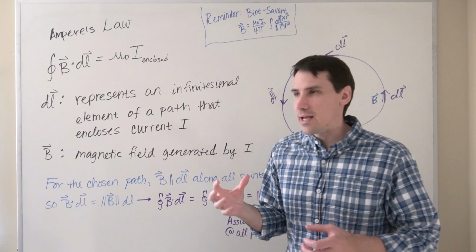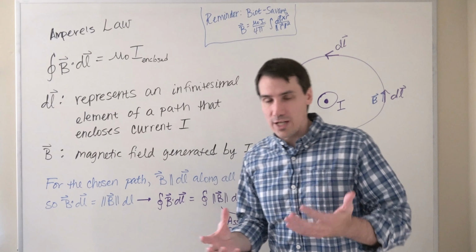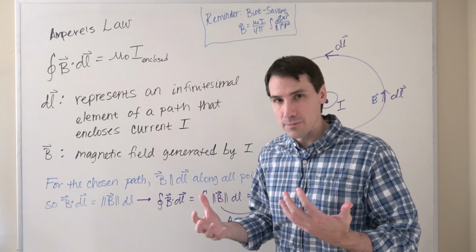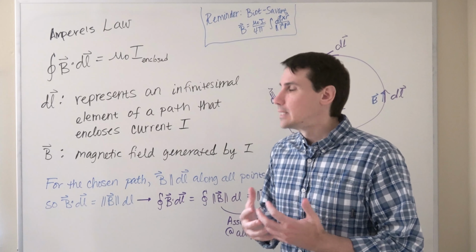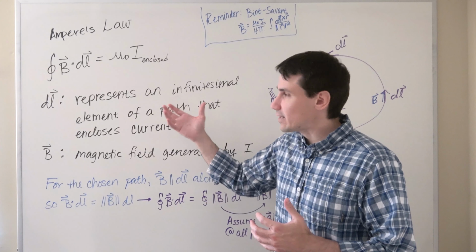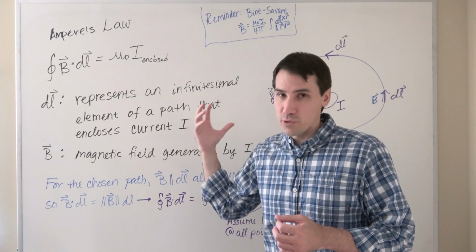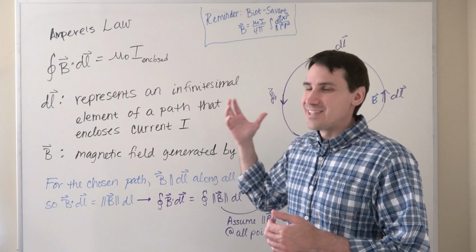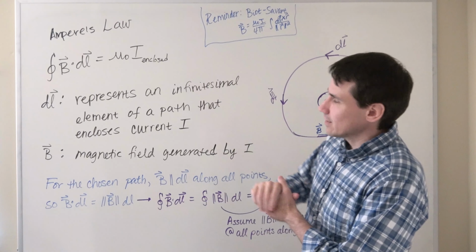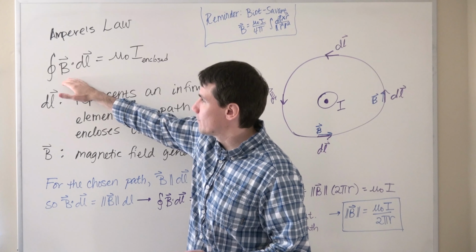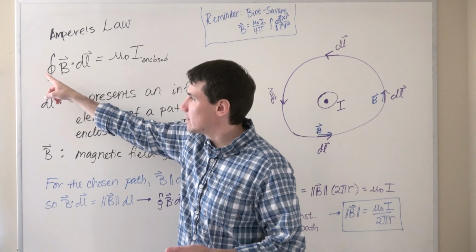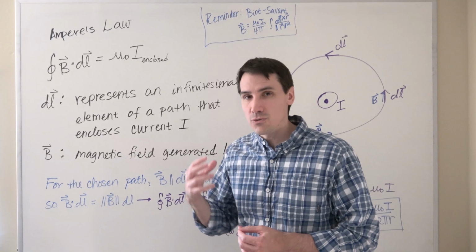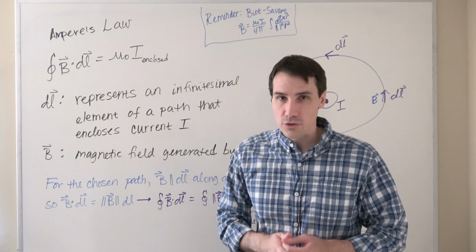Ampere's law is a fundamental law of nature. That is, I can't derive it from any more fundamental law. It is something that we have observed to properly describe the world, and therefore we trust it. So, in Ampere's law, the left-hand side has an integral, and the circle on the integral symbol means that it is an integral around a closed loop.